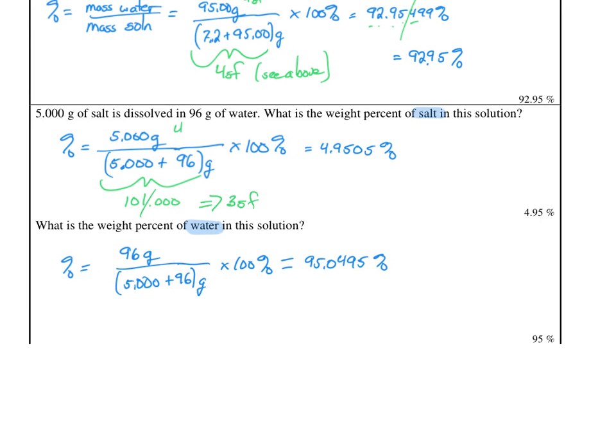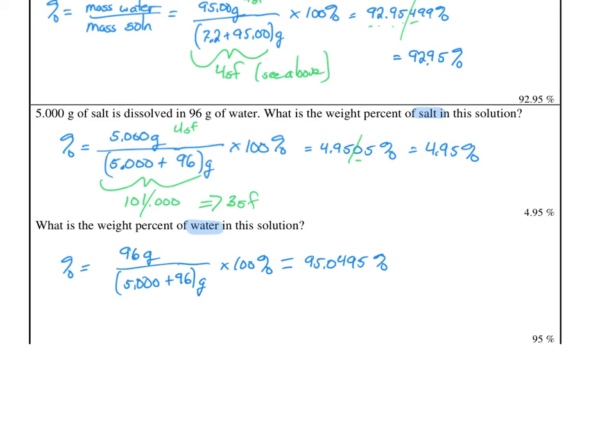Our numerator has 4 sig figs, so we're limited to 3 sig figs in our answer. Our first number to be dropped is less than 5, so we write our correct answer with the correct sig figs as 4.95%. All right, for the percent water, the setup is the mass of the water over the mass of the solution.